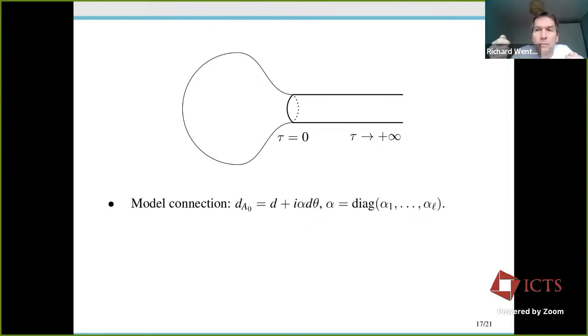There are logarithmic terms instead of just powers of tau that appear in the decay of the harmonic metric. There are also logarithmic terms coming from the Jordan type of the residue of the Higgs field, and that depends on the residue of the Higgs field. I don't understand how you would do this gauge theoretically, because as you move around in the moduli space, that model metric would have to move. That violates every gauge theory construction I know of. So I'm quite confused about how to do this in the non-full flag case.